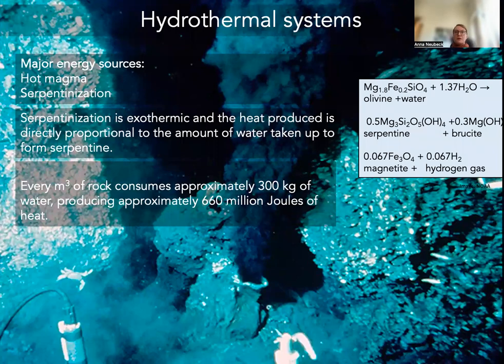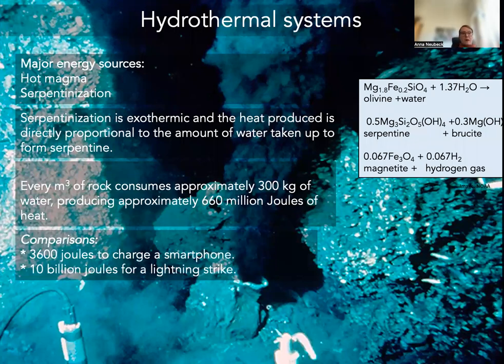And that in turn is producing approximately 660 million joules of heat. In order to understand how much that is, you can make a comparison. For example, to charge a smartphone, you need 3,600 joules. And for one lightning strike, it's approximately 10 billion joules.